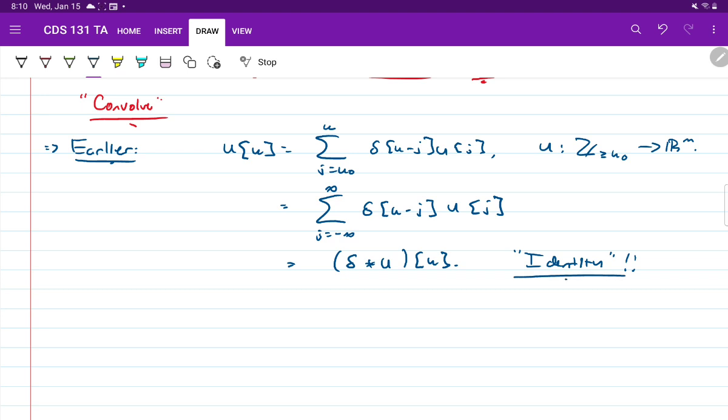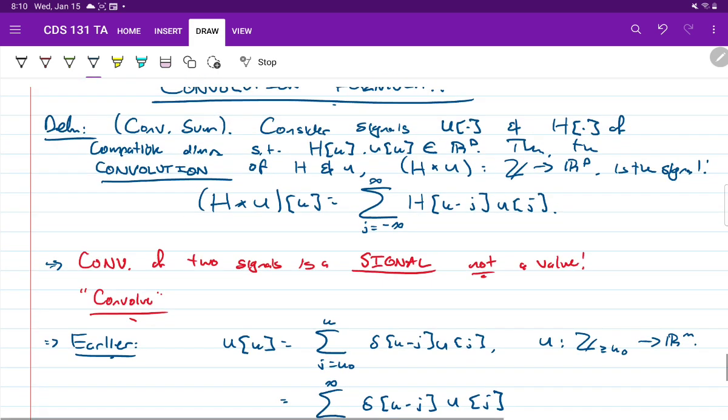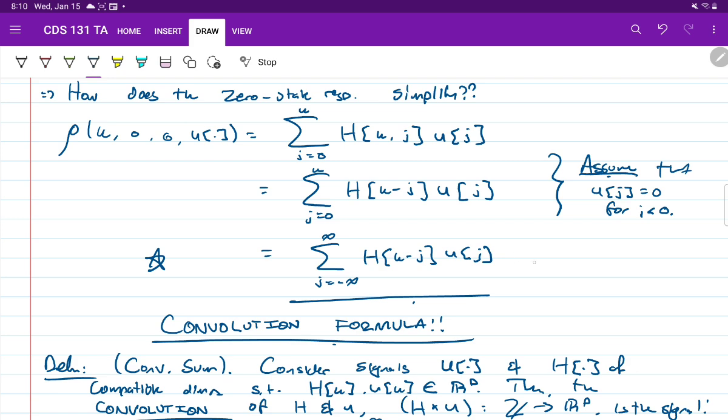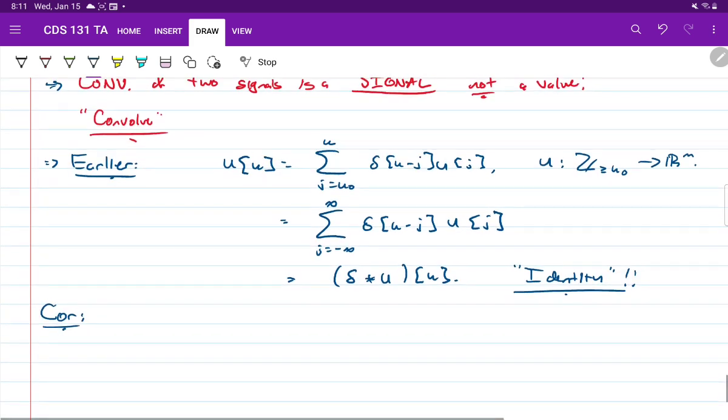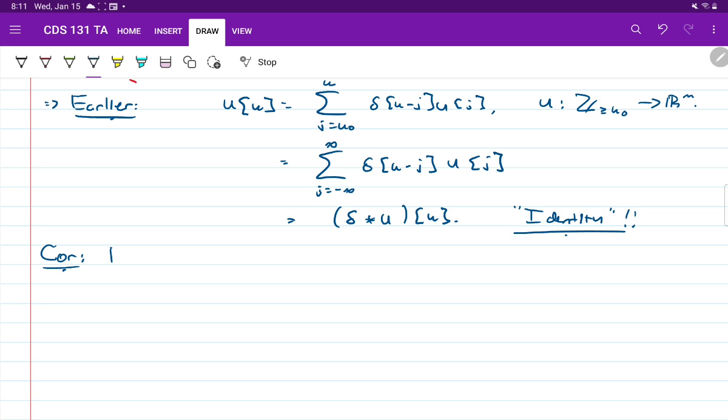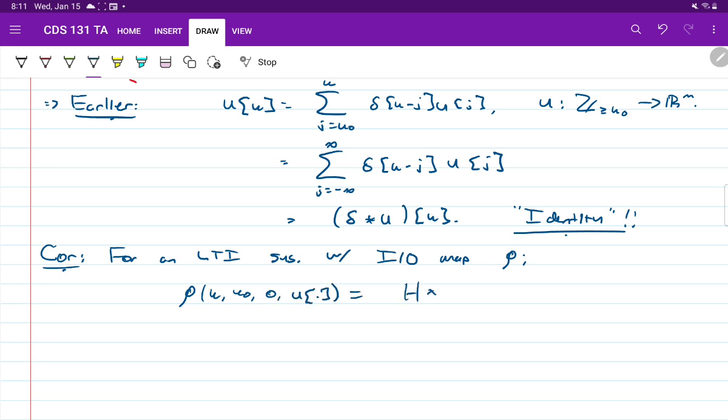All right? Now let me just quickly state another corollary of our earlier results. This is essentially just what we had derived up here, stated in formal language. What we showed above is that for an LTI system with an IO map rho, rho of k, k naught, 0, and u is equal to the convolution of h and u, where h is your LTI impulse response map, evaluated at time k.